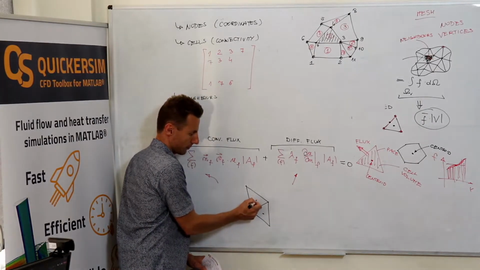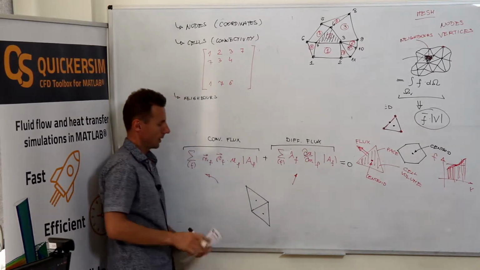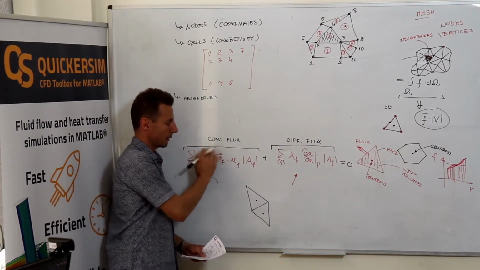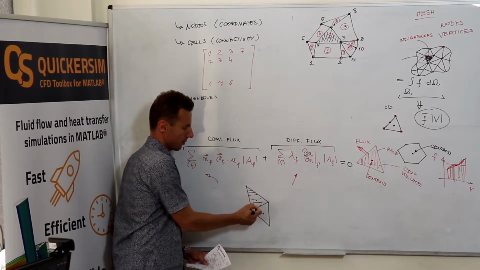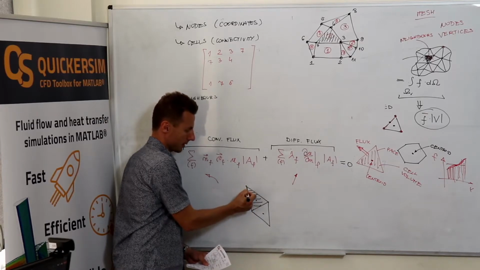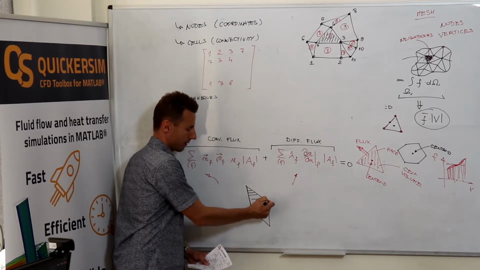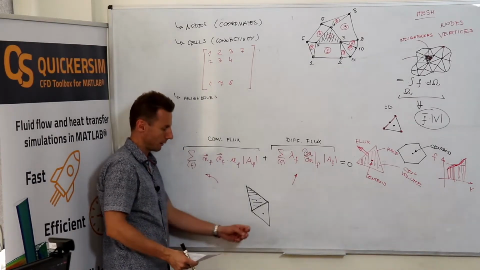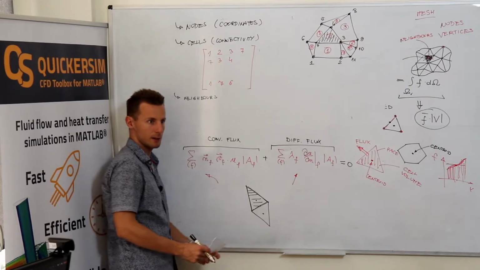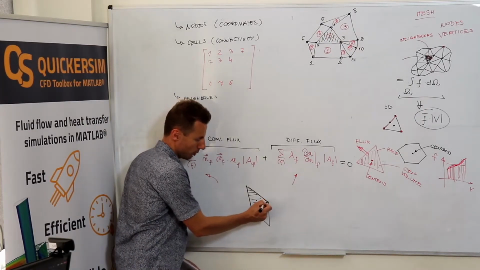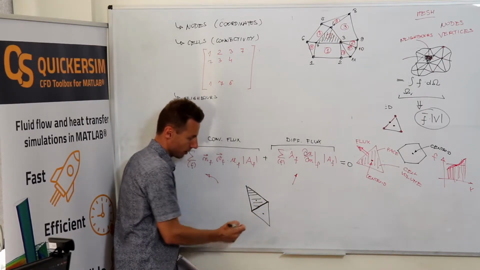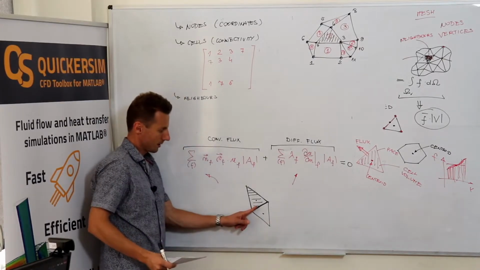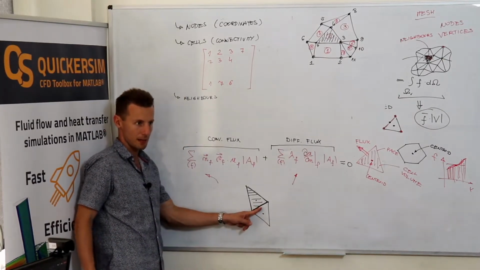If you've got two finite volumes, calculating the fluxes for this volume means looping over that face. Later on, when you will be calculating the fluxes for this cell, you will be looping over that face. Is it the same flux?